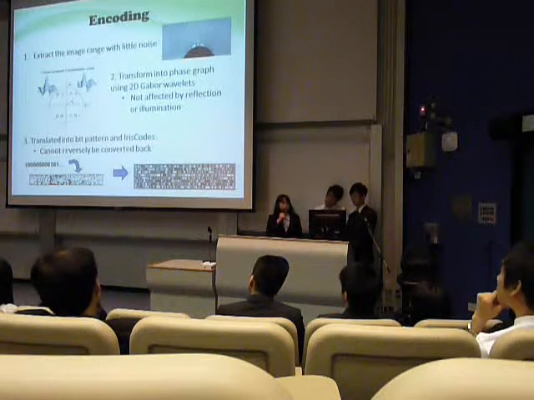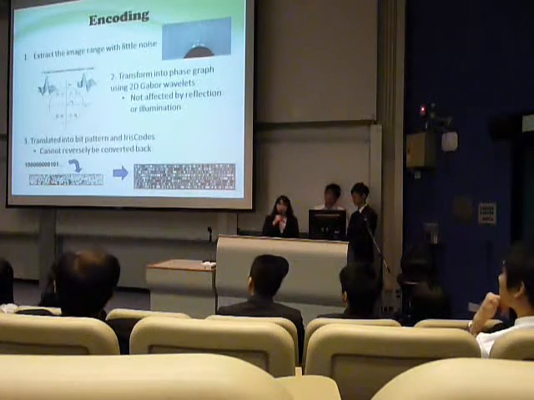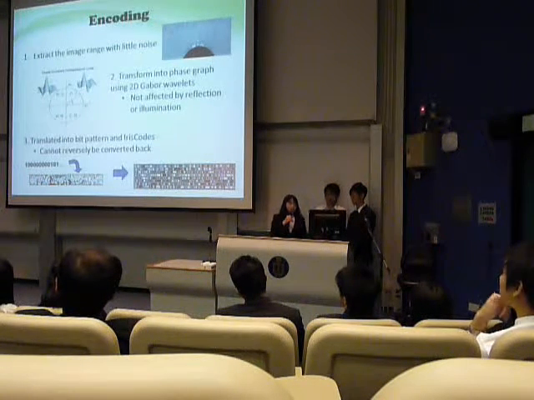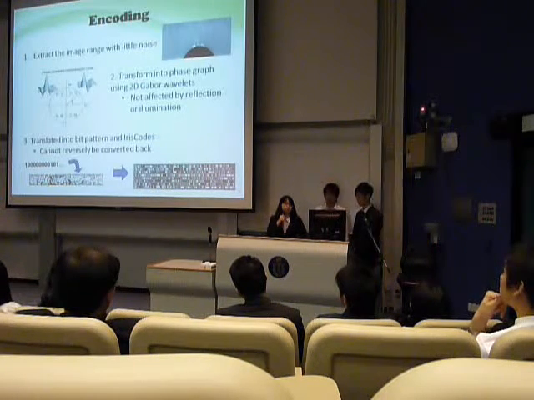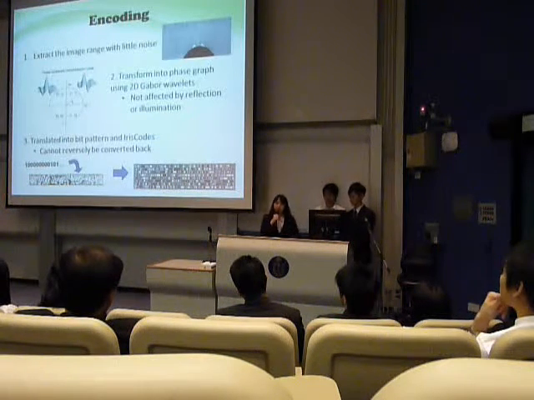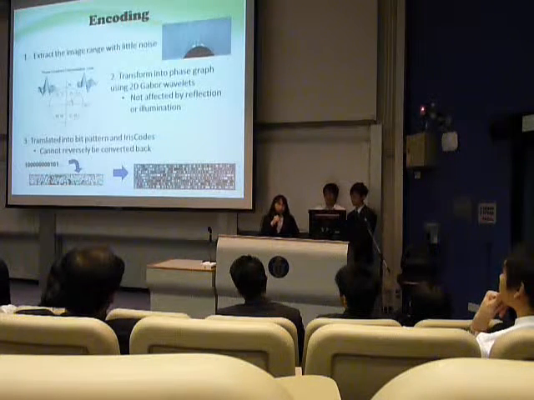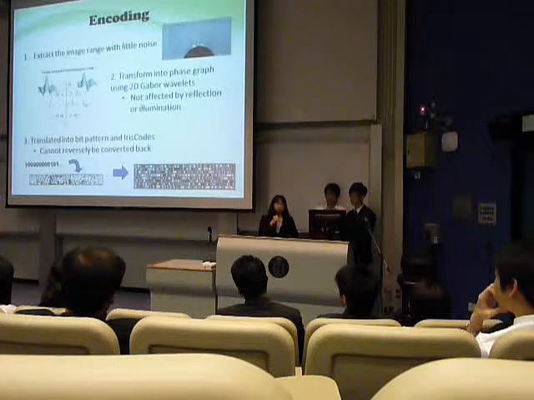And then we'll come to the part about encoding. This is how you convert the image you have captured into the codes for storage. And in the image that you have just captured, you have to select the range with the best quality, that is with the least noise. And then we'll use the 2D Gabor wavelets to transform it into a phase graph.